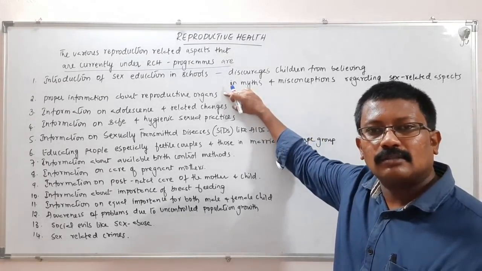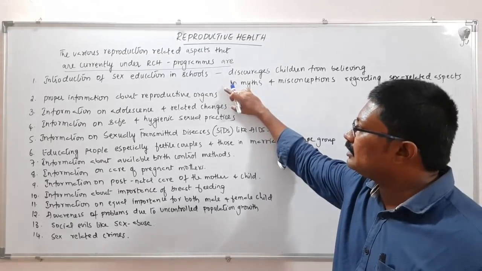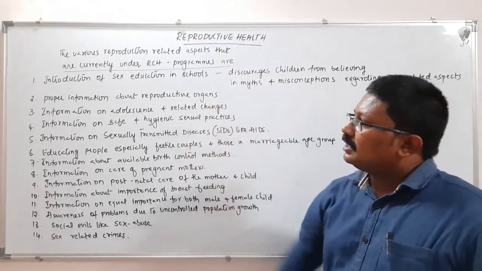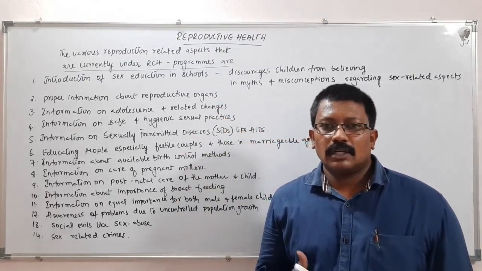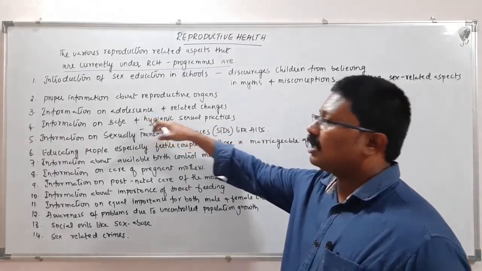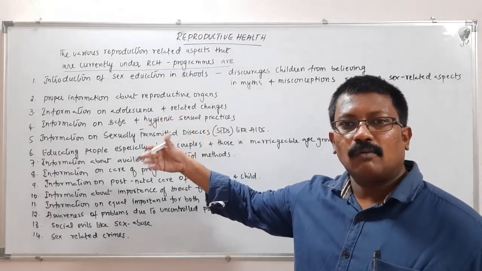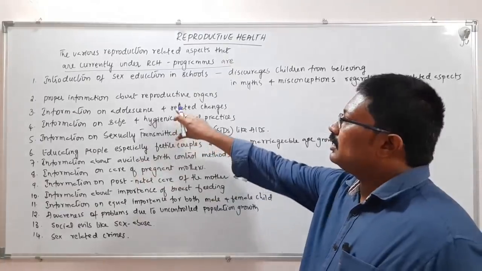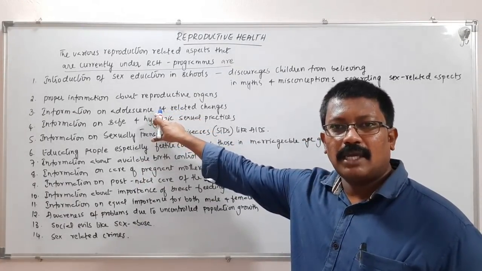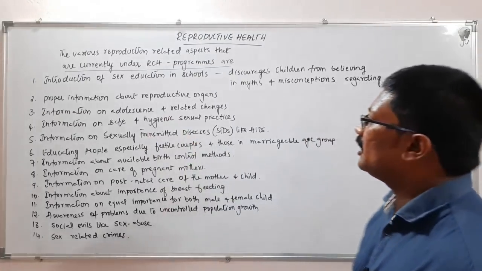There are so many changes that take place during adolescence. In coming classes we will come to know more about adolescence, what actually it is, and what the different changes are that take place during the puberty age in males as well as females.